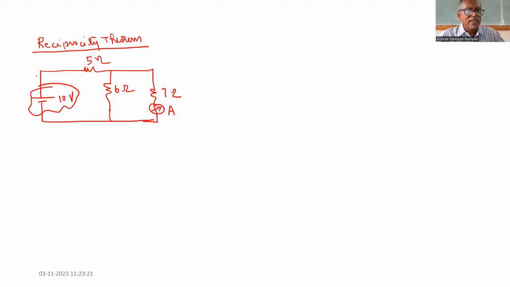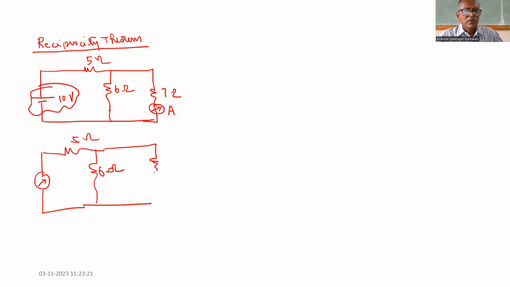Suppose I change it like this: the ammeter is connected here and the voltage source is connected here. You are interchanging these two, and the ammeter will read the same reading. Response and source can be interchanged.